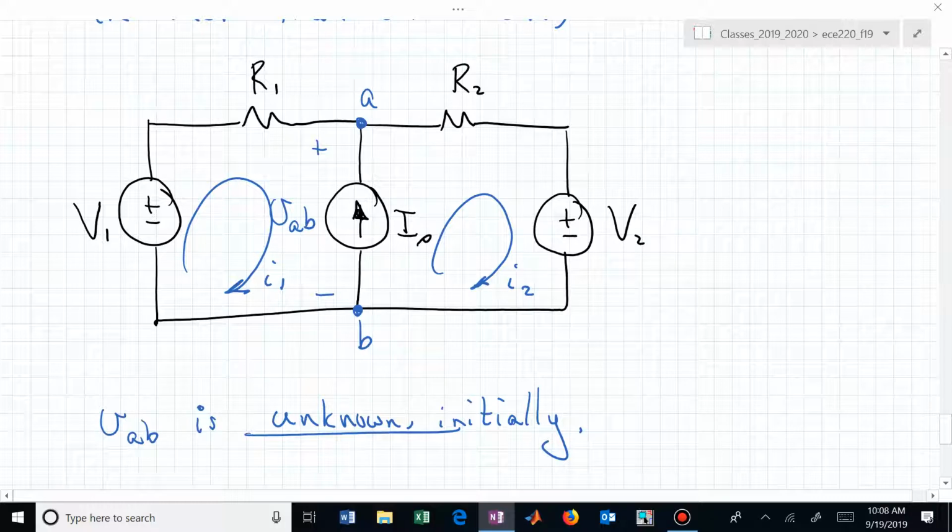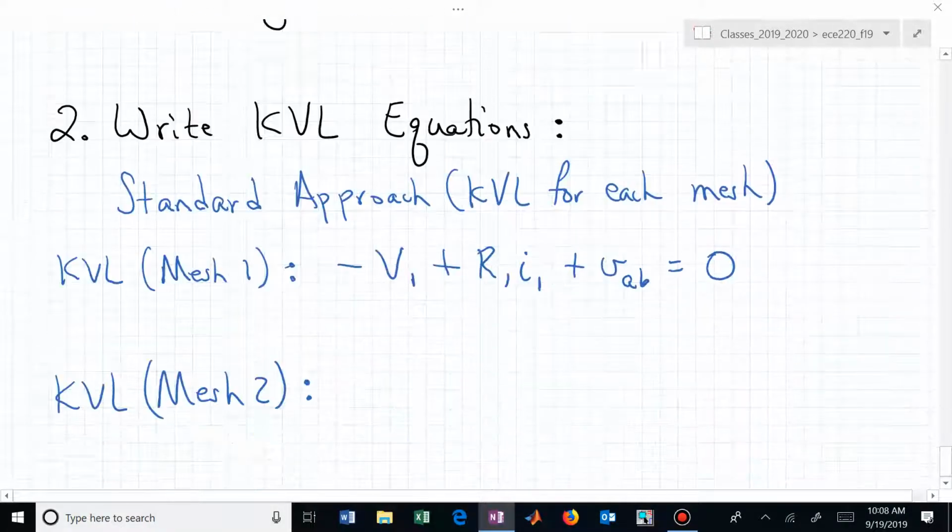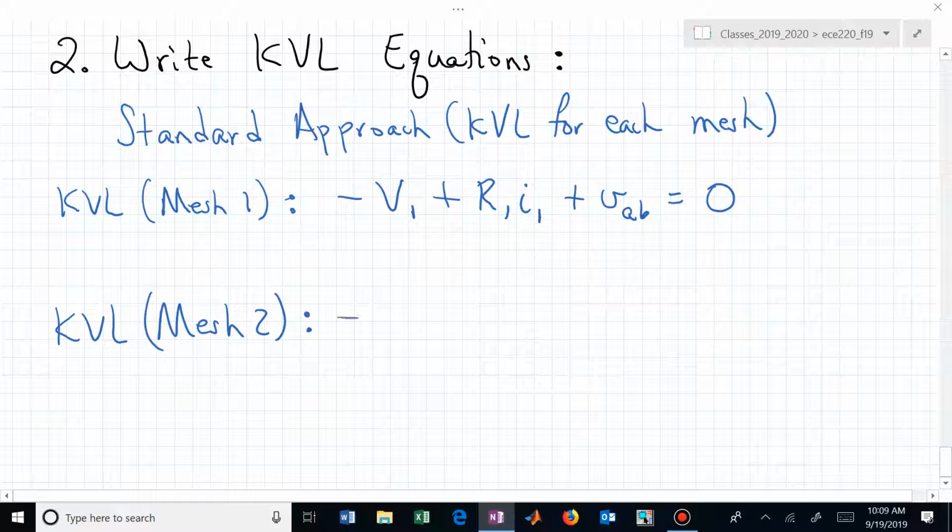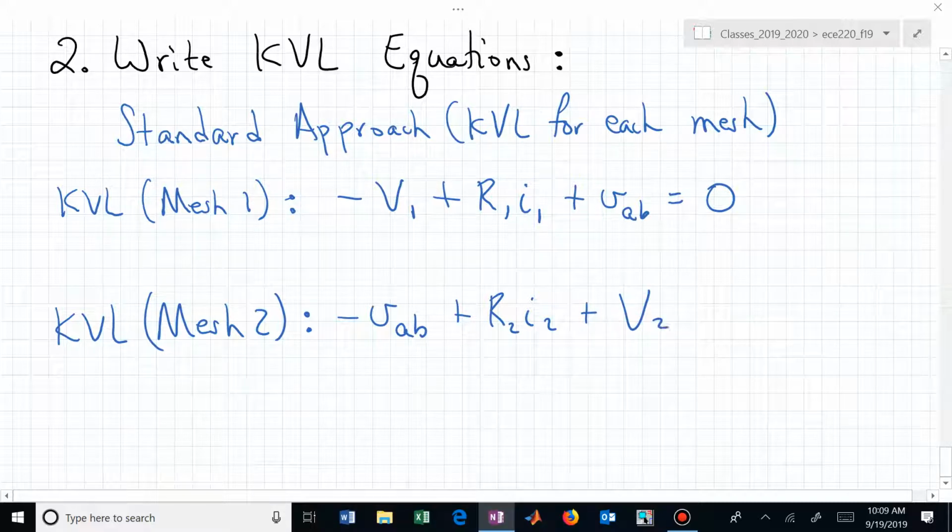Now if we write KVL for the second mesh, it's minus V sub AB plus R sub 2 I2 plus V sub 2 equals 0.